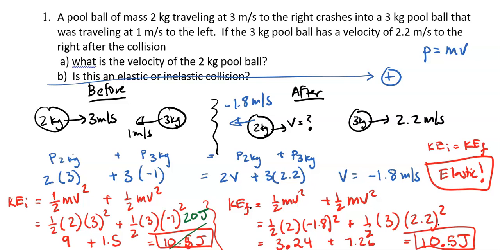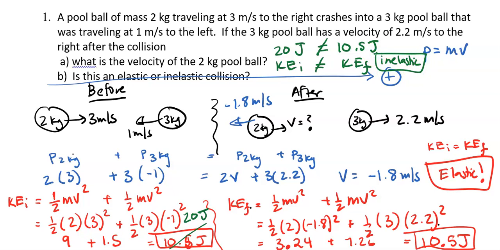So if you have 20 joules at the beginning and 10.5 joules at the end, that means that all the initial KE does not equal all the final KE. So in that case, it would be an inelastic collision. And again, that would be a different problem, saying initially it was 20 joules. Okay, and they could still bounce apart and it was still inelastic.